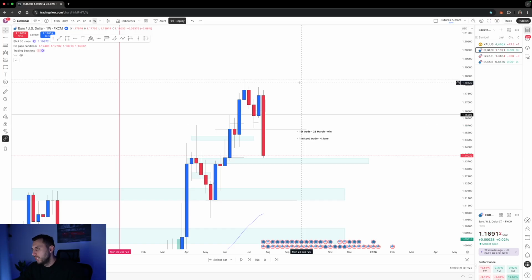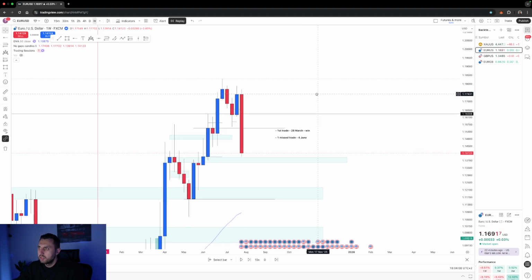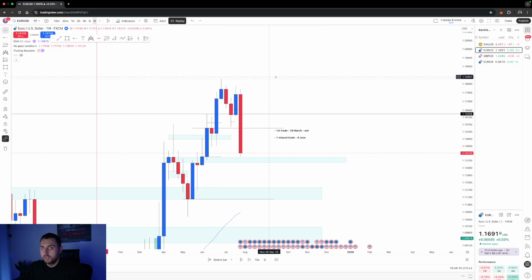So let's see on the weekly. Yeah, as I said. And then since we have this bearish engulfing candle, very aggressive, in order to go long, I'm waiting for rejection on the weekly. Okay, what's going on? No, yeah, I'm waiting.